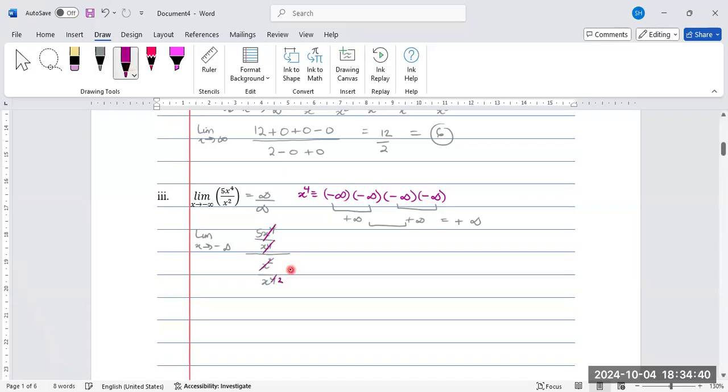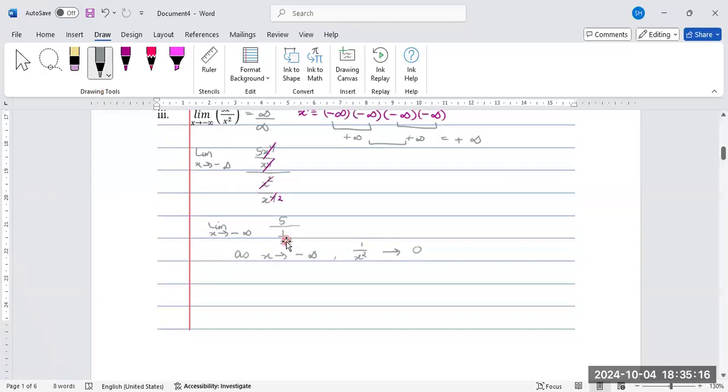So what I now have is the limit as x tends to negative infinity of 5 over 1 over x squared. As x tends to negative infinity, 1 over x squared tends to what? Tends to 0.